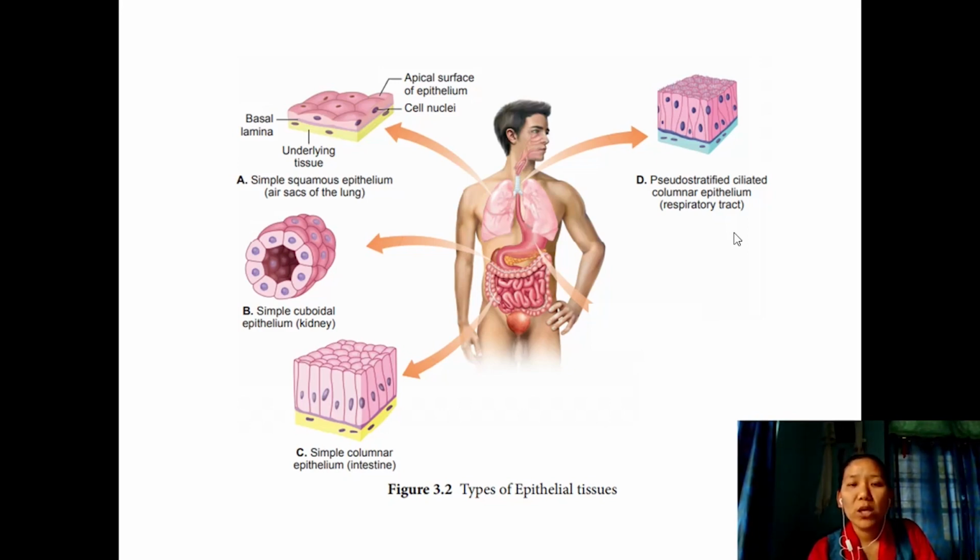But the ovum is non-motile. So in order to facilitate its movement towards the uterus, the cells lining the tube are ciliated, and the beating of these cilia will move the egg towards the uterus.